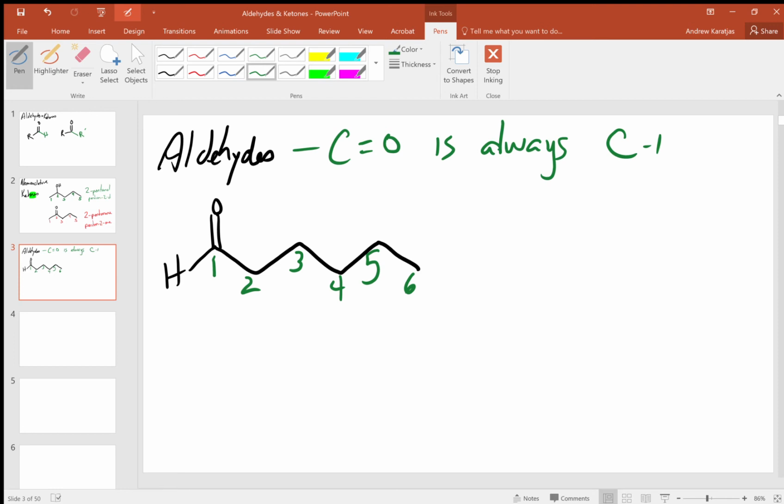The only other thing we need is the ending that we use for aldehydes. And again, it comes right from the name of the functional group, AL. So this molecule here is 6 carbons, and therefore is known as hexanal.